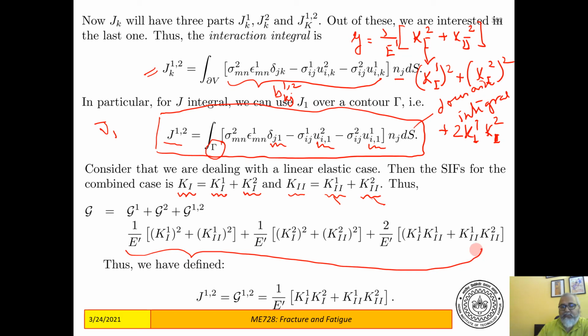Out of this, this term is called G12, the interaction part of G. This is G2 and this is G1. So we have split up G into three parts, and this whole thing together should be equal to J, and in particular this interaction part should be equal to J12. There should be a 2 here.